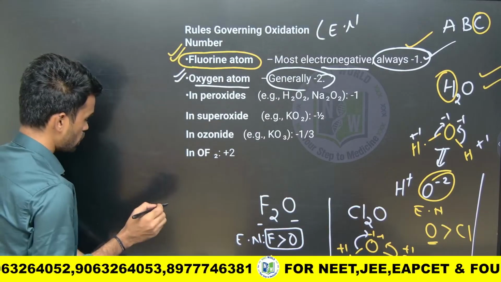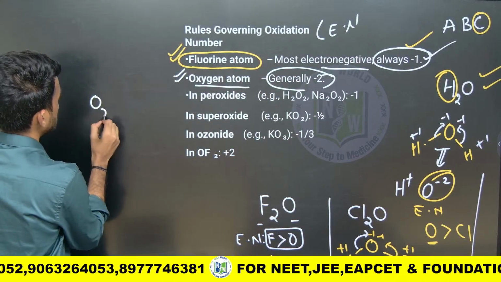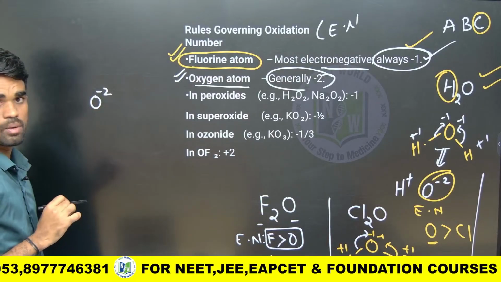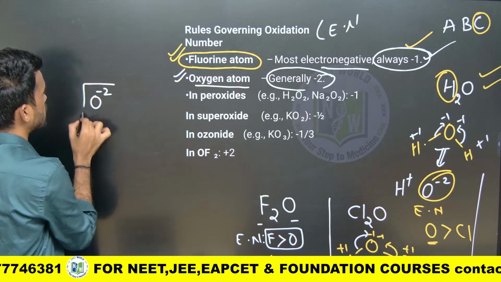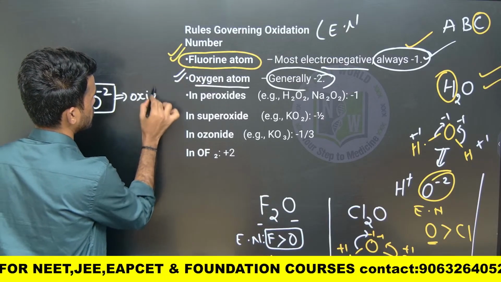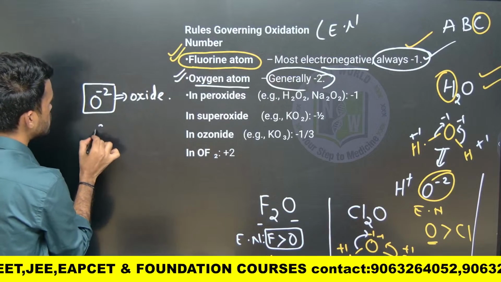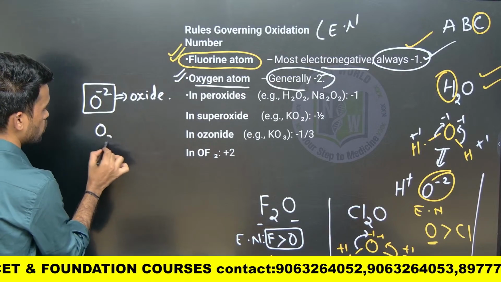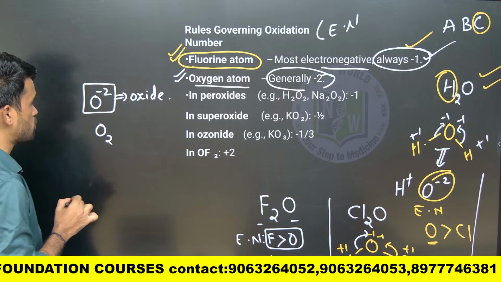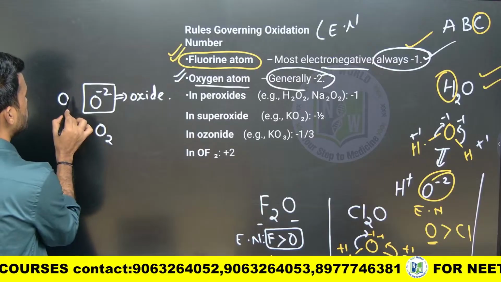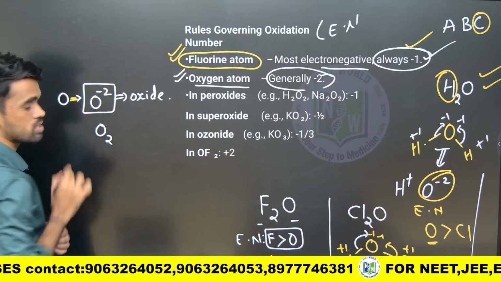So whenever you see oxygen with a 2 minus charge, you should say this is oxide. What is this? Oxide. If it is O2 you can say oxygen molecule. If it is just O, an oxygen atom with a 2 minus charge, you should say oxide ion.